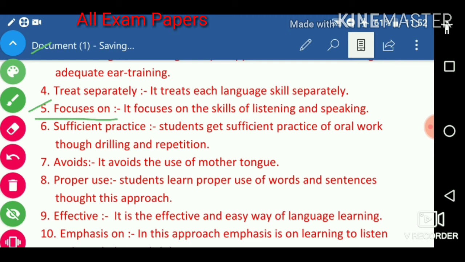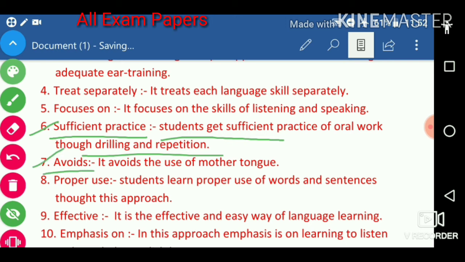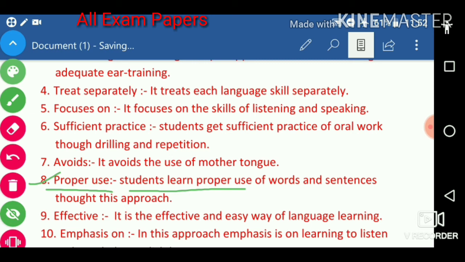It focuses on the skill to listen and speaking. Next is sufficient practice. Sufficient practice of oral work through drilling and repetition. Next, avoids. It avoids the use of mother tongue. Next is proper use. Students learn proper use of words and sentences through this approach.